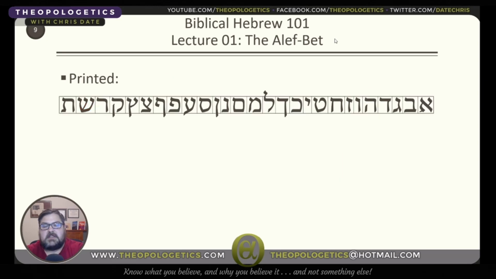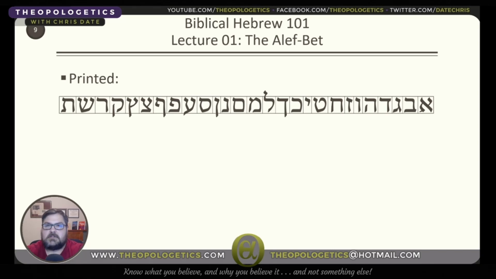Now, the script for writing Hebrew that you will most encounter in your studies of Biblical Hebrew is one like the one that is on the screen now, called square or block print. This is a relatively modern invention, and like English and other languages, this script can be represented in multiple fonts and styles.